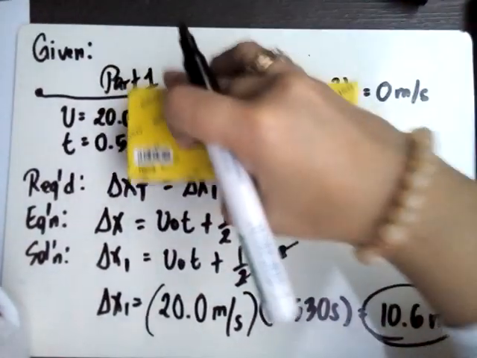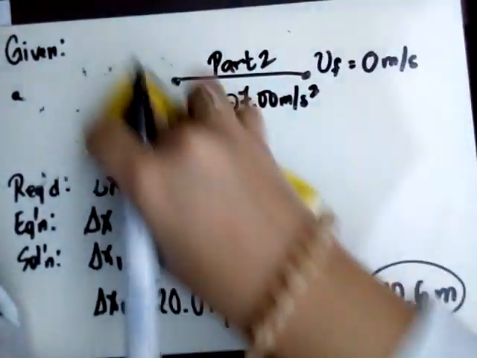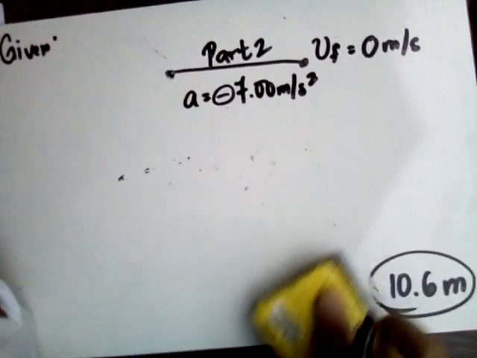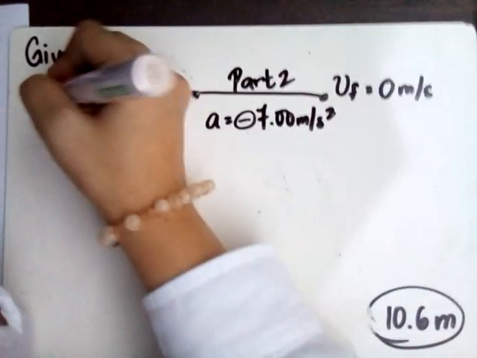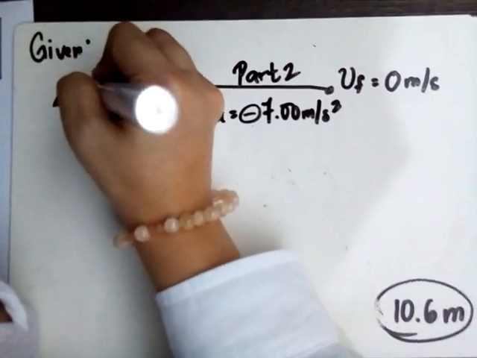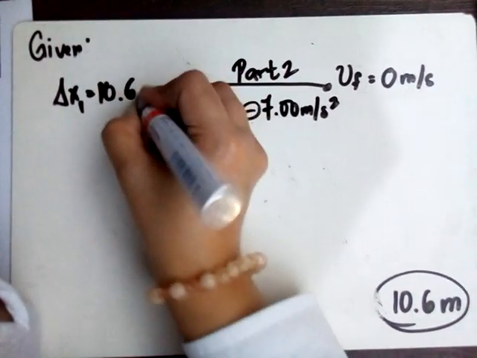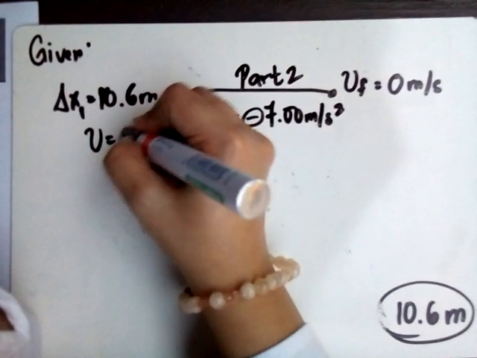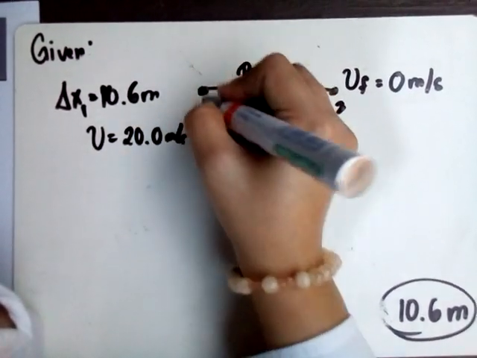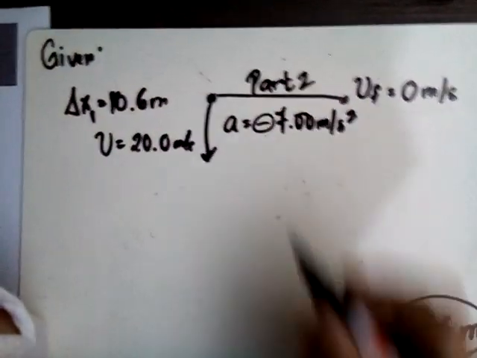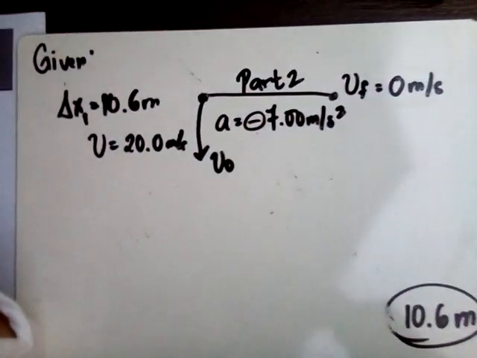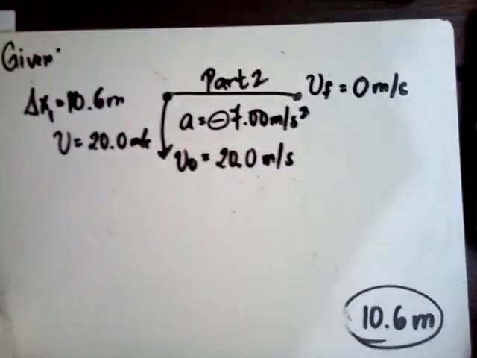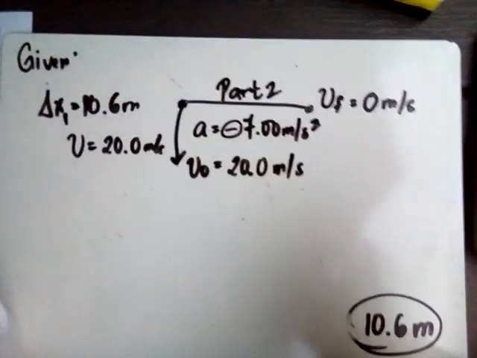That's our delta x1. So, our delta x1 is equal to 10.6 meters. Now here, since the car is traveling at 20.0 meters per second, what's the velocity here? Yes, the velocity before slowing down is 20 meters per second. So we can consider that as our initial velocity for part 2.